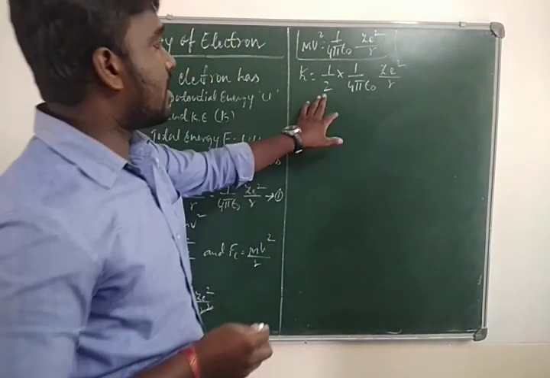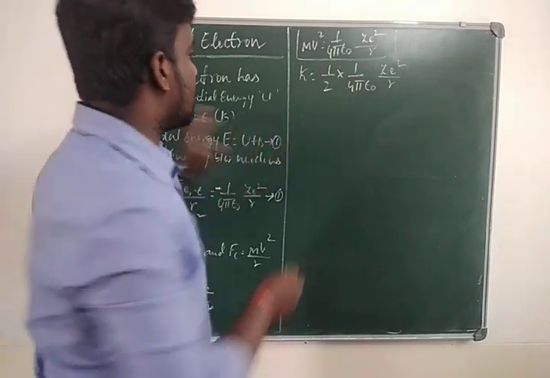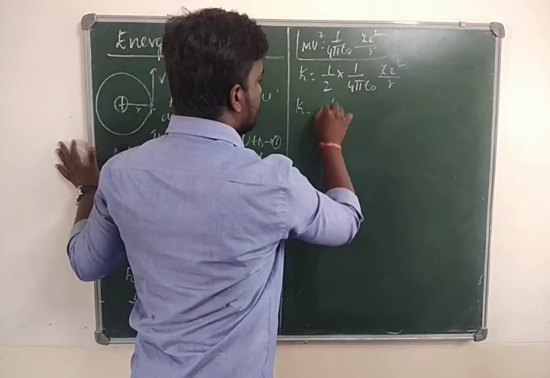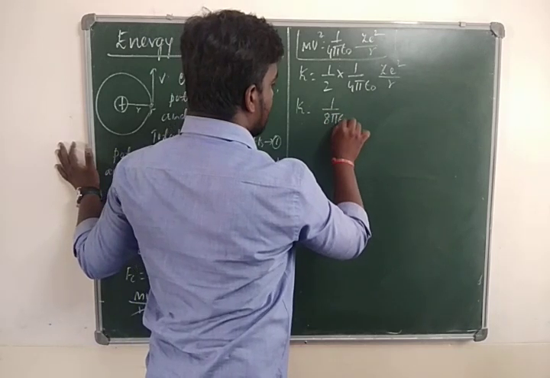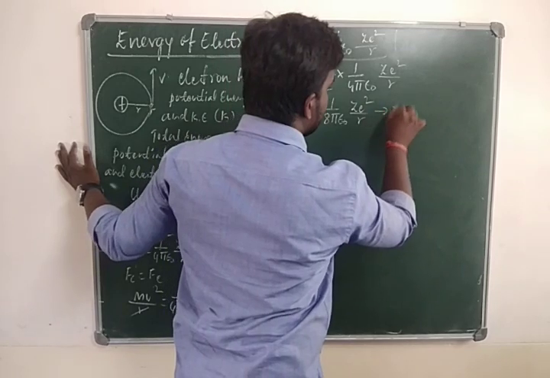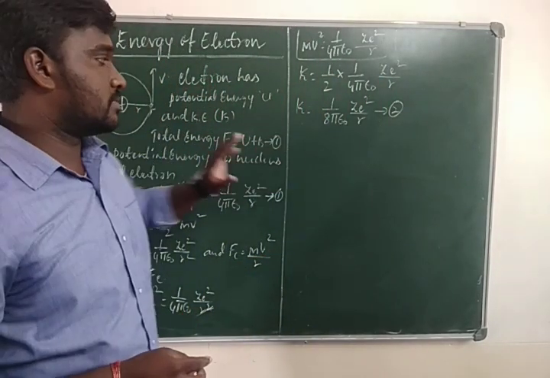This is the mv square. Now the kinetic energy is equal to half mv square, so substituting the mv square value, the kinetic energy is half into 1 by 4 pi epsilon naught Ze square by r. So half into 1 by 4 pi epsilon naught, we get the kinetic energy equal to 1 by 8 pi epsilon naught Ze square by r. This is equation 2.